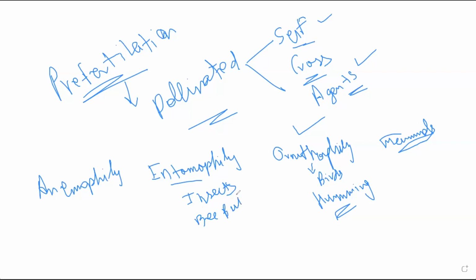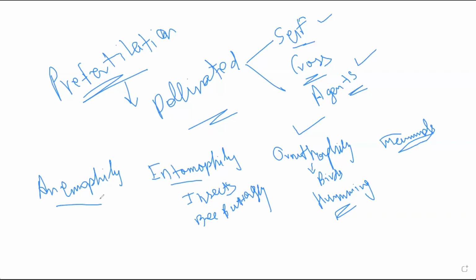So bees and butterflies are all helping in the process of pollination, and what are they actually doing? They are doing the same work. They're shifting the pollen from one flower to another flower. That is how cross-pollination is happening. Then one more kind of agent we talk about, a very common agent, is anemophily also.